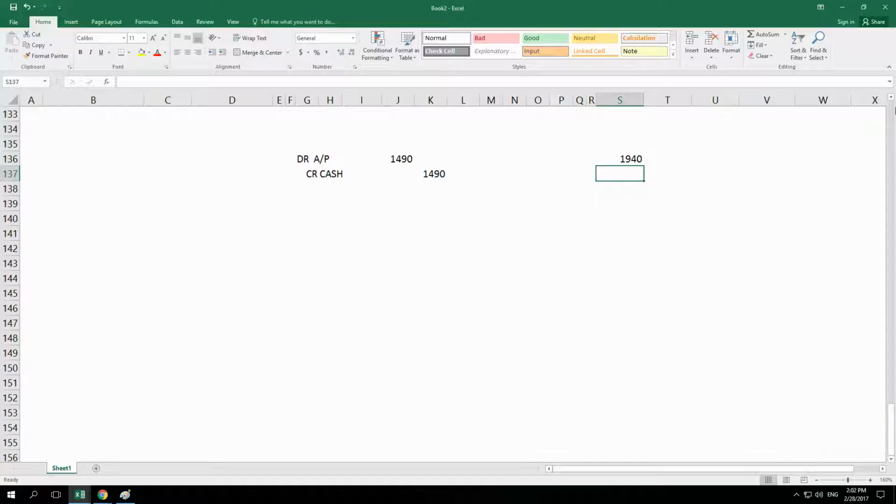We already figured the difference out, 450, that means we should have booked an additional 450 against accounts payable. So you would tack on another 450, okay?